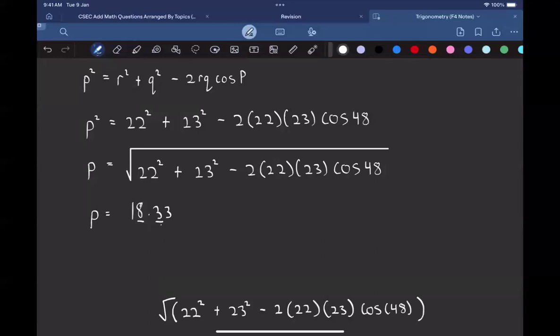Is it 5 or more? No. You're rounding down. So 18.3 is basically how many centimeters?